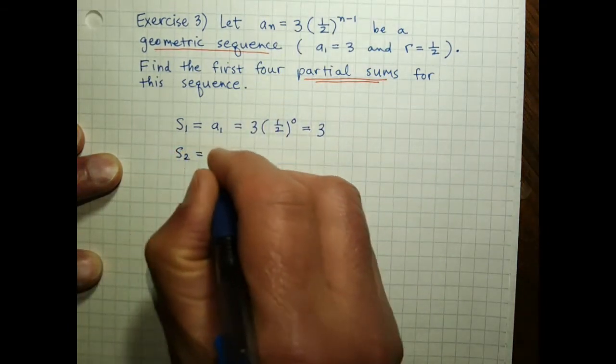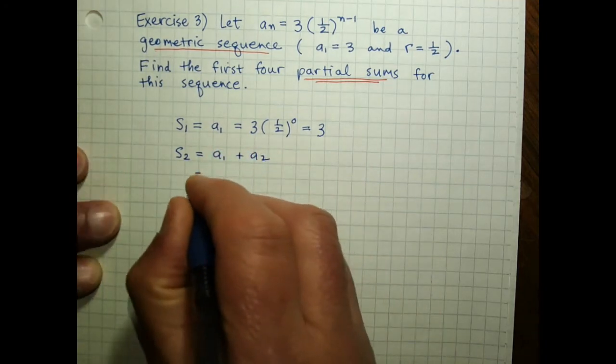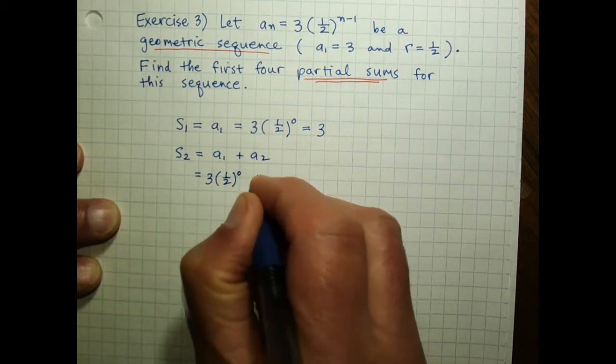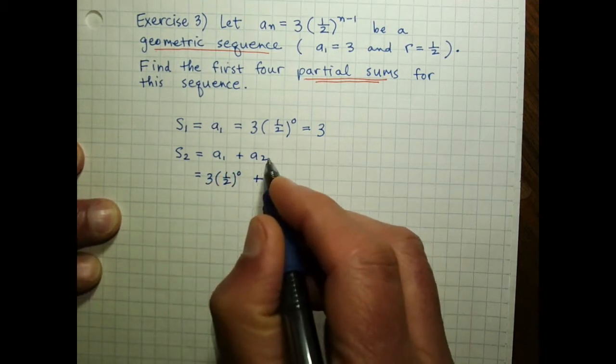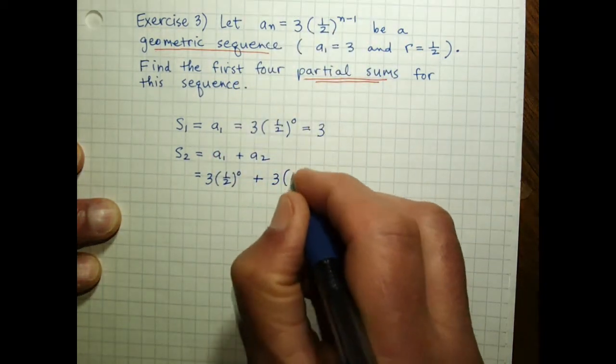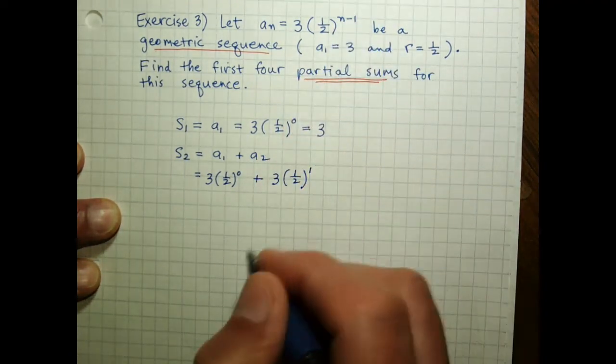S2 is equal to a sub 1 plus a sub 2. So that's 3 times 1/2 to the 0 is our a sub 1, plus a sub 2. When I plug 2 into my formula, I get 3 times 1/2 to the 2 minus 1, the first power.